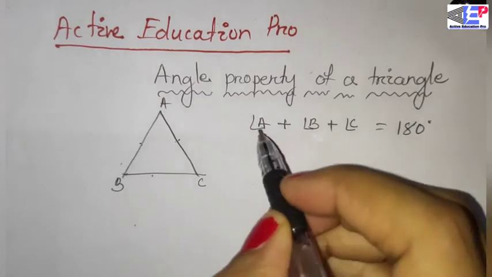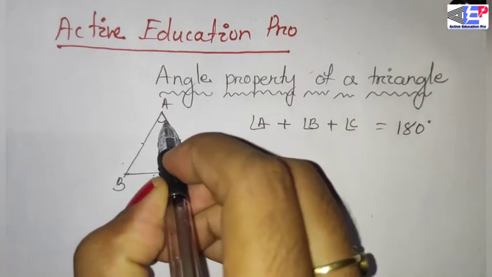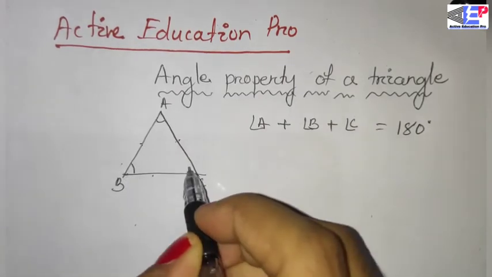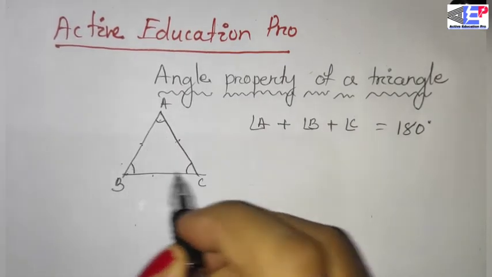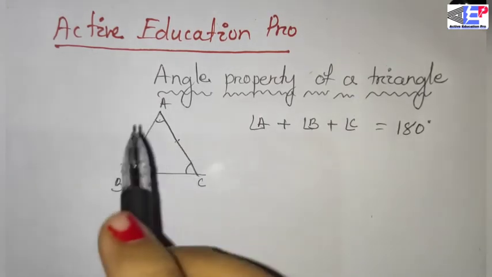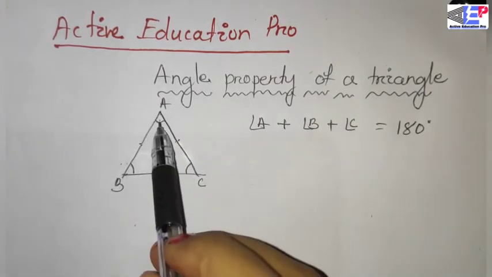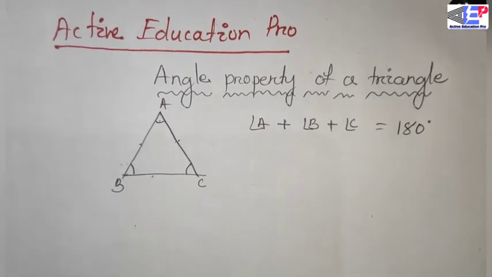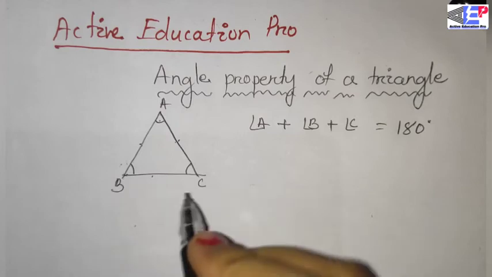Here this angle is A, this angle is B, and this angle is C. All three angles are the interior angles of triangle ABC. But there are also exterior angles.